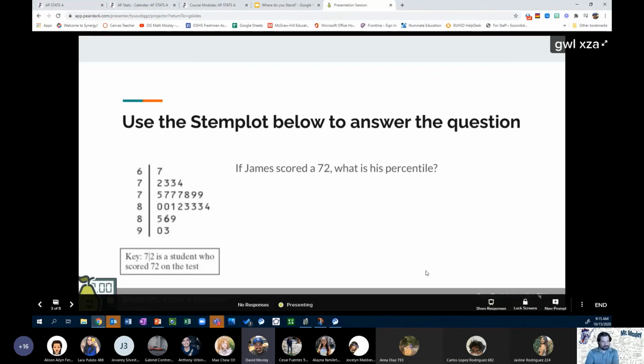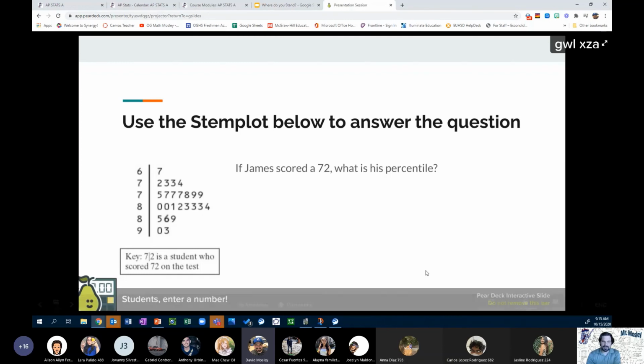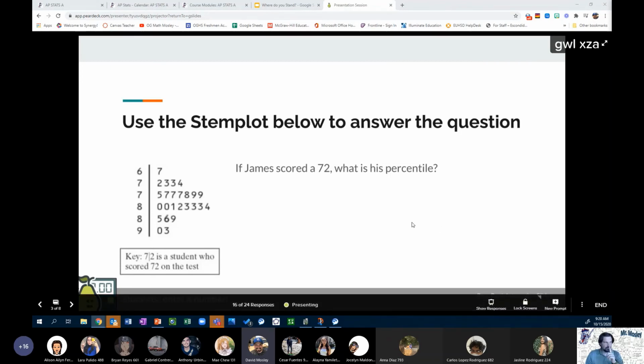So if James, a student, scored a 72, what is his percentile? The correct answer was 4, the 4th percentile. We get this because there is only one score that was less than 72.